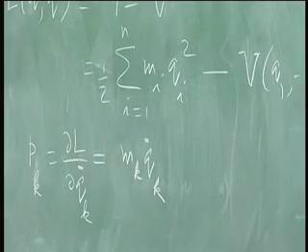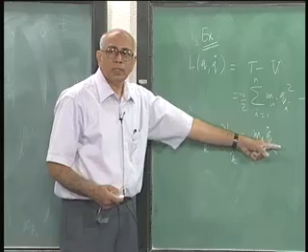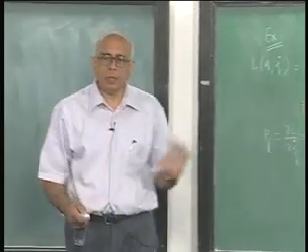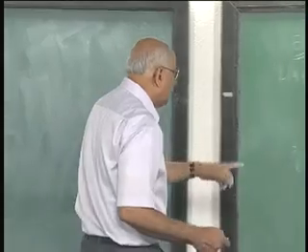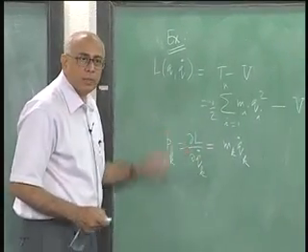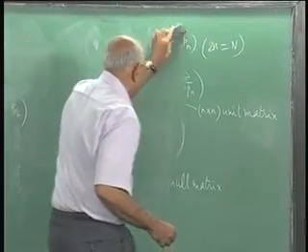And indeed in this simple example it is clear that the momentum is the mass times the velocity and vice versa, the velocity is 1 over mass times the momentum. This does not always have to be true; the real definition is sitting here. Therefore, what is the Hamiltonian in this problem?